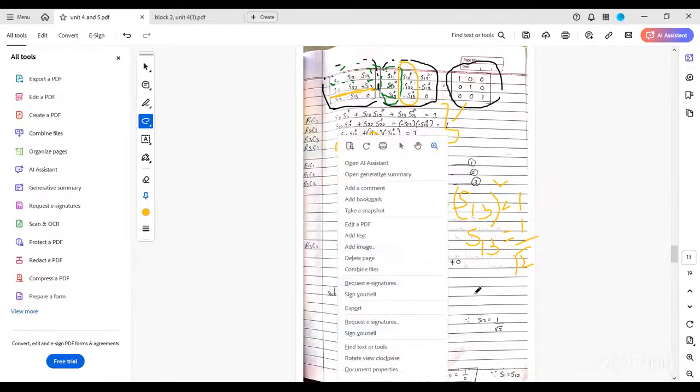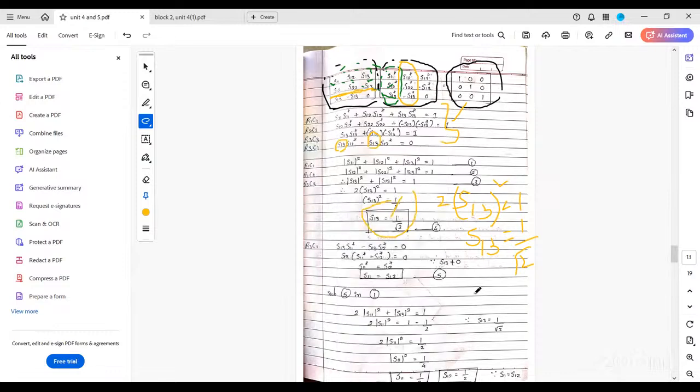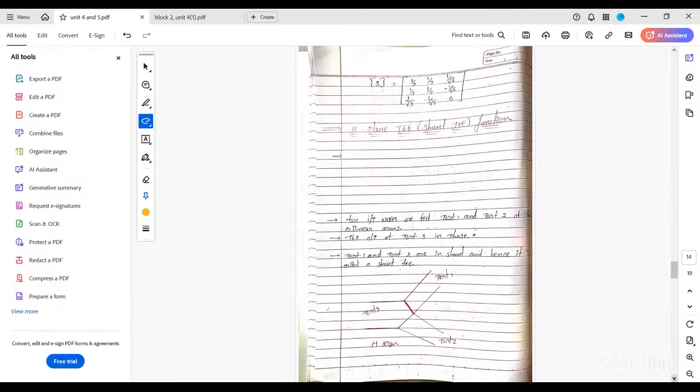Now substitute equation 5 in equation 1. What is equation 5? Equation 5 is S11 equal to S12. Substituting in equation 1, I finally calculated the values and wrote them in this matrix.